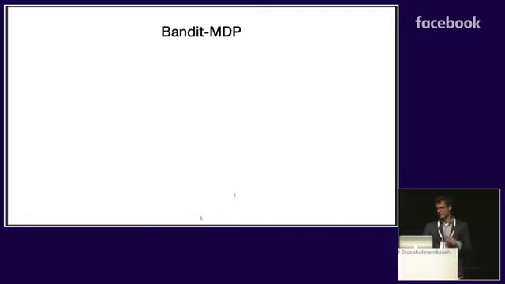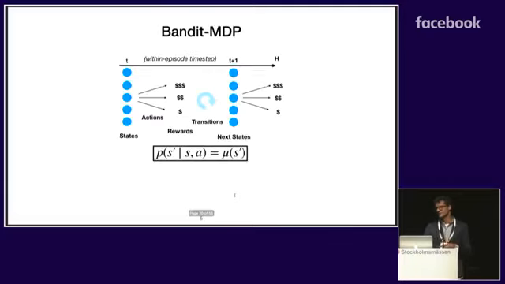To describe the problem, we have to introduce what we call the bandit MDP, which is essentially an MDP which is in fact generated by a bandit problem. The agent is going to see some states, is going to take actions, is going to get rewards out of the system, and it is going to experience transition to some next state.